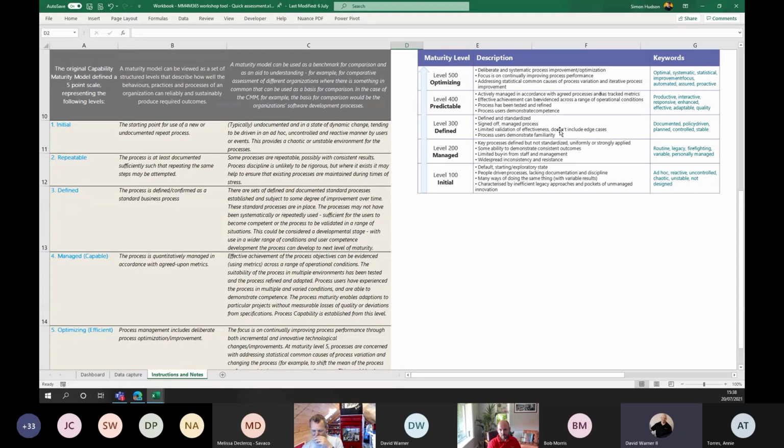What if you were using some SPC or real-time analytics to get feedback on the use of that stuff? And you had some team looking at those analytics and using them to improve it. I think that would look like level 400. So I'd then describe what the future case looked like in terms of the next level up. And that's how I go about introducing them to those ideas.